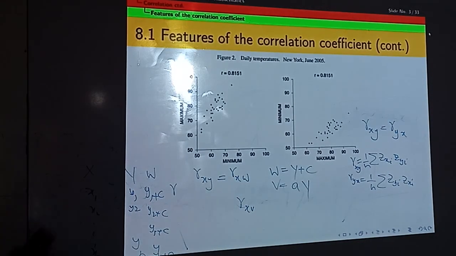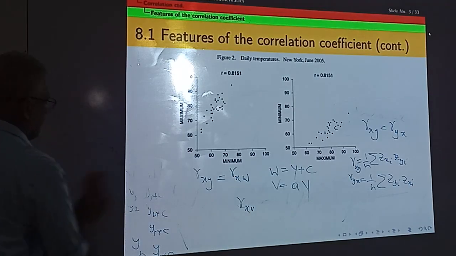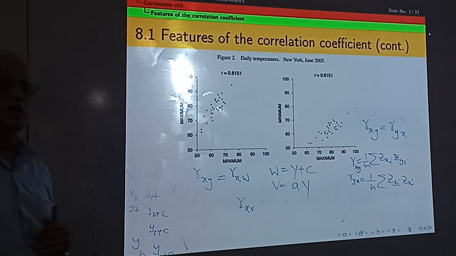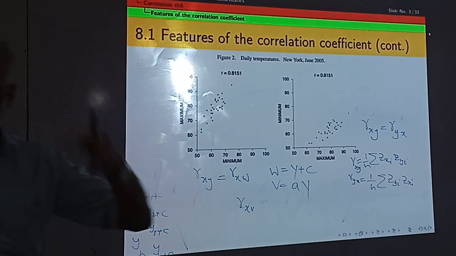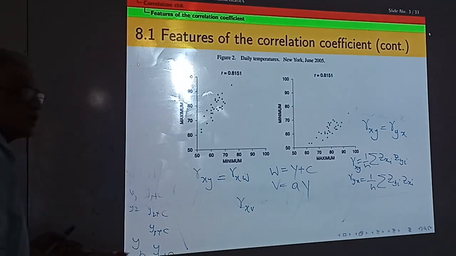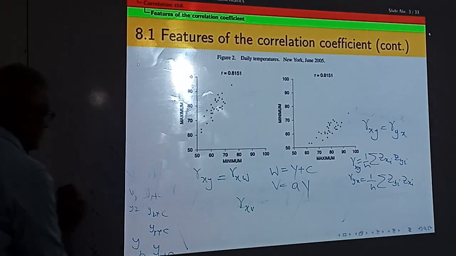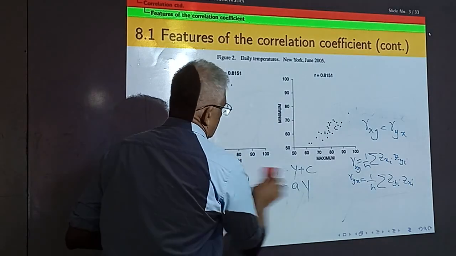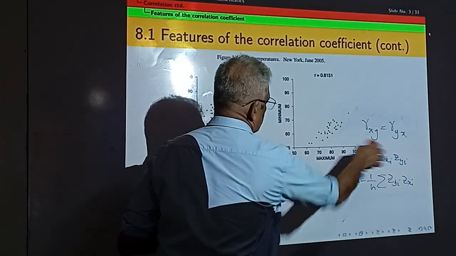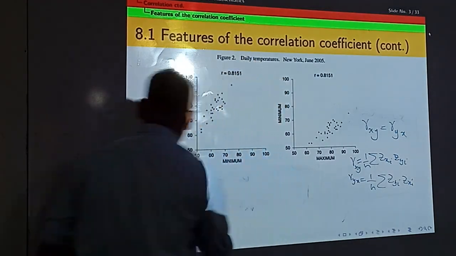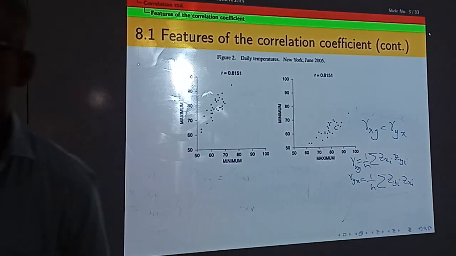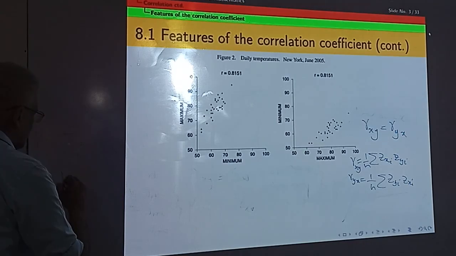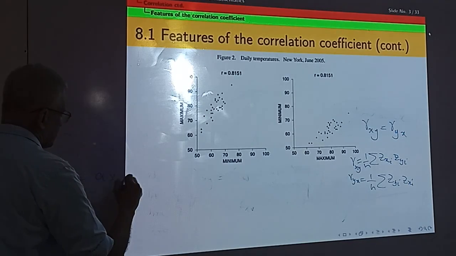So generally, if you apply a linear transformation to x and a linear transformation to y, and consider the correlation between the two new variables, it will still be the same as the correlation between x and y. So I invite you to show that using this result here. For that, I will tell you something important. For example, suppose w is equal to ax plus y.